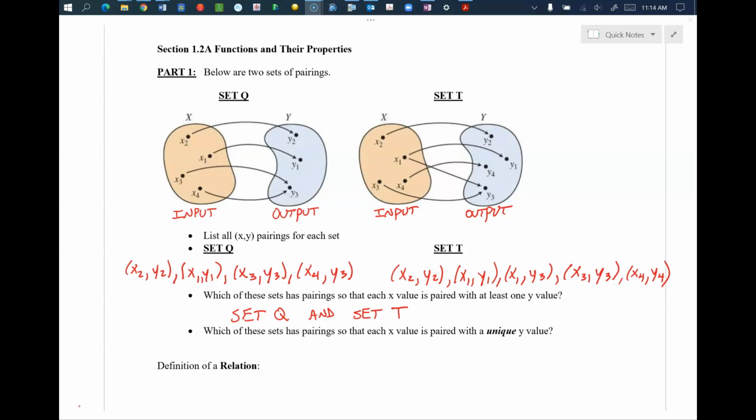So set Q, each X value is paired with only one Y value. Even though X3 and X4 are both paired with Y3, each of them, X3 is paired with one Y value, X4 is paired with one Y value. Compare that to set T, where X1 is paired with Y1 and X1 is paired with Y3.